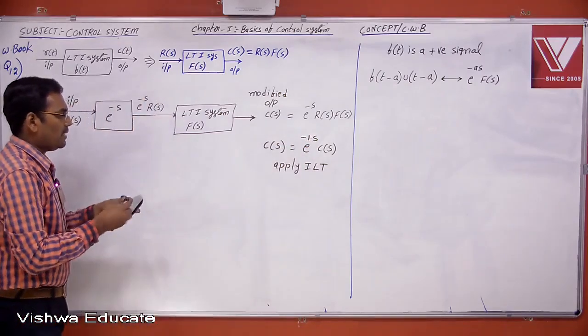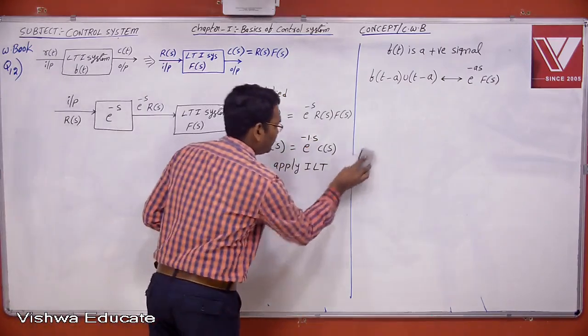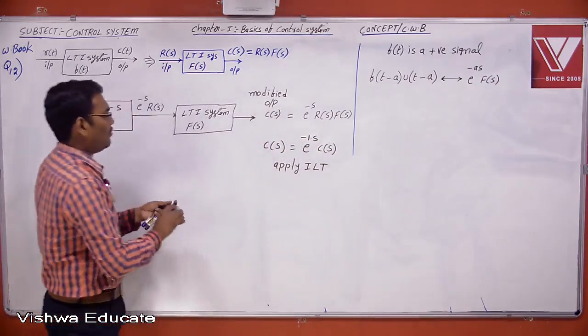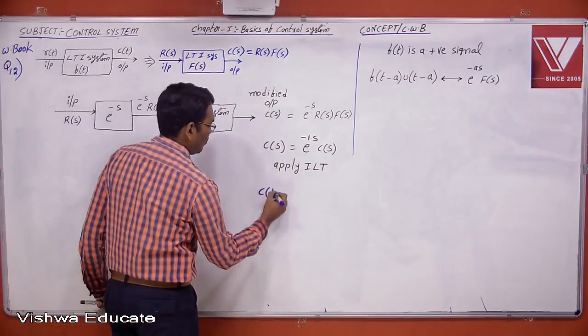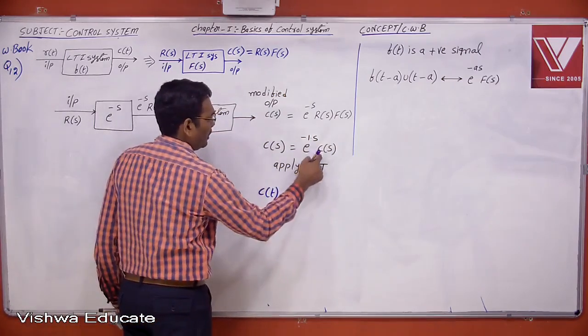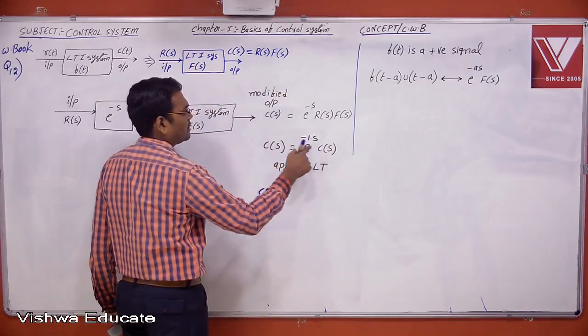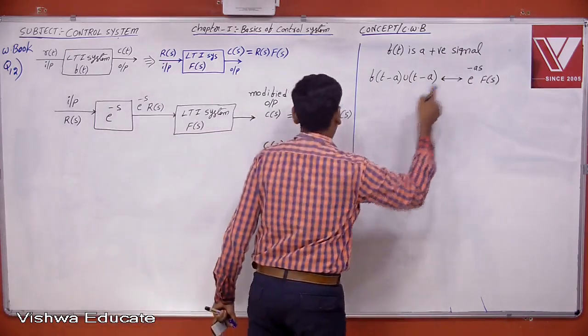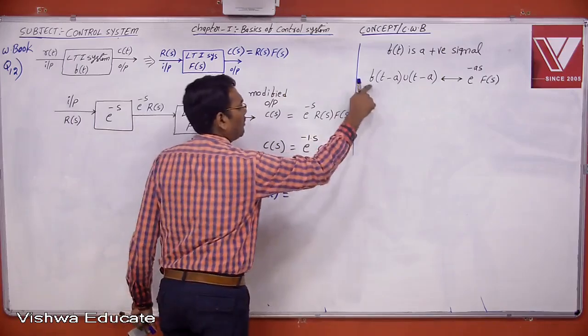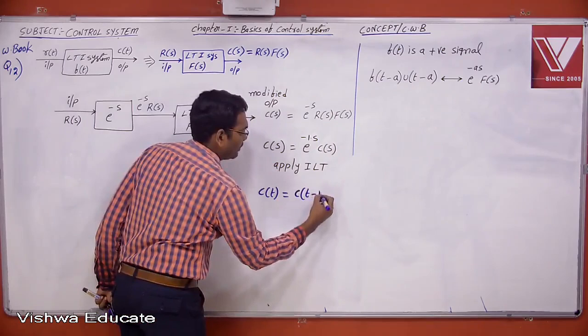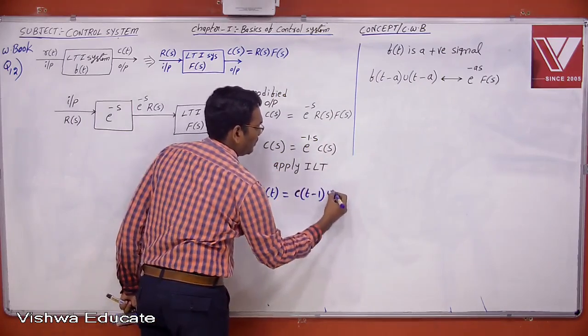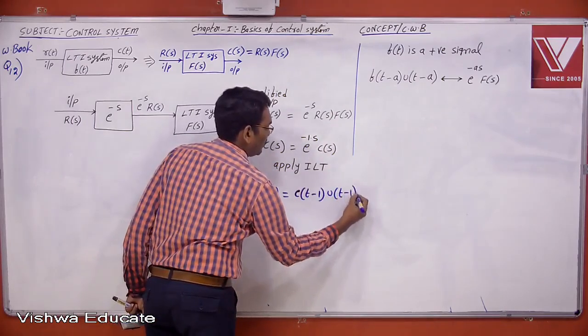Therefore, if you apply the inverse Laplace transformation, the inverse Laplace transformation of C of s is C of t, but here the a value is 1. Therefore, this time domain signal is delayed by an amount of 1 unit: C of t minus 1, and this is the positive signal u of t minus 1.